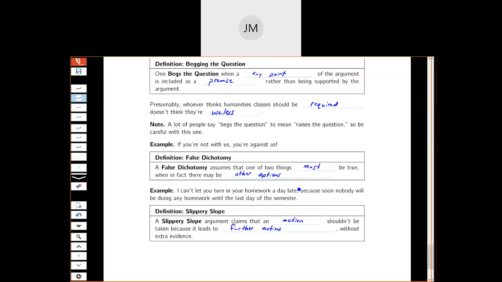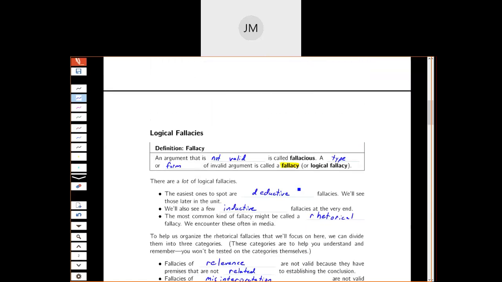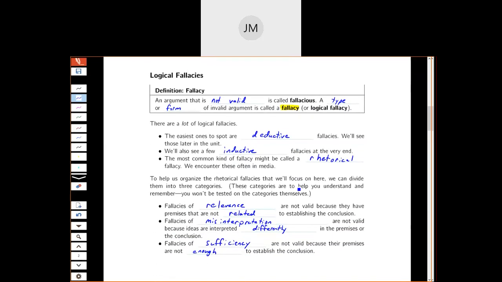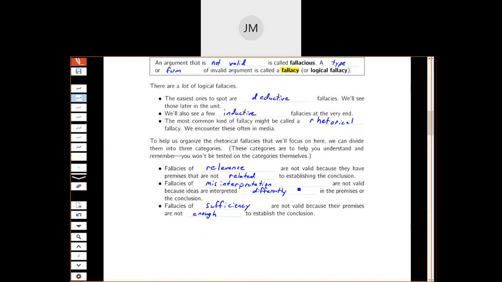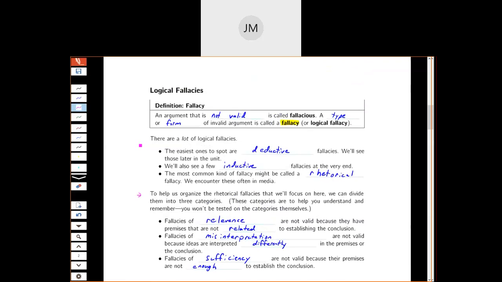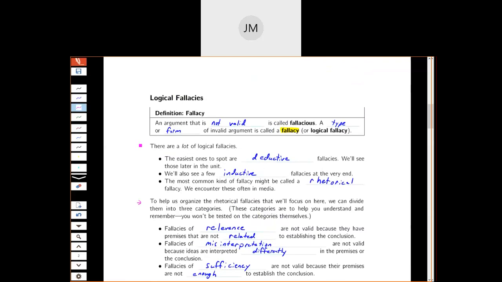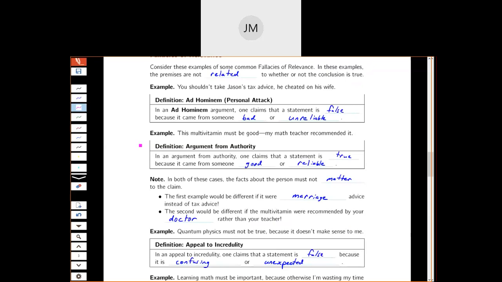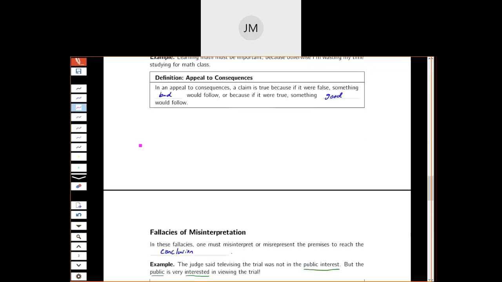Okay, these logical fallacies that we talked about today, these were all rhetorical fallacies. And rhetorical fallacies, I think, are all things that come up often, that you'll often see or hear.